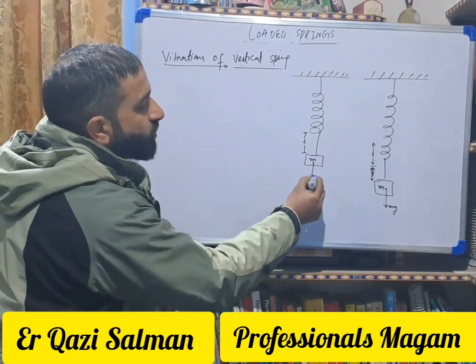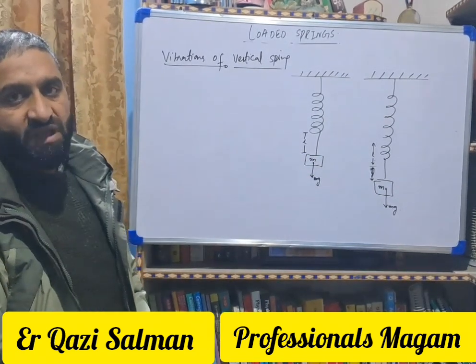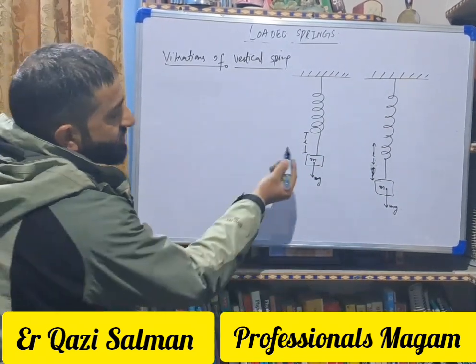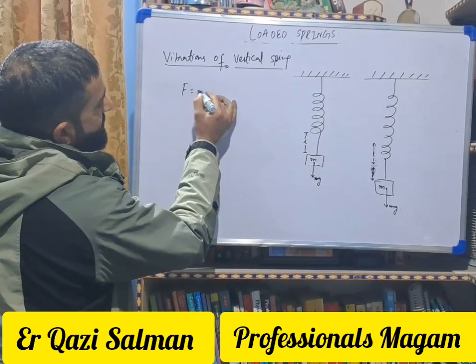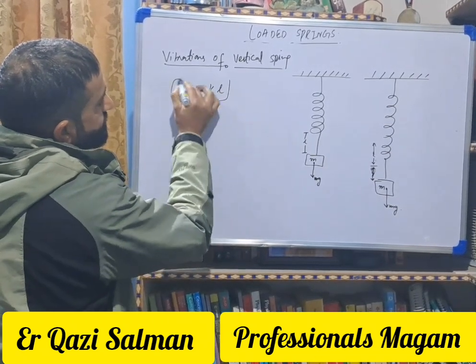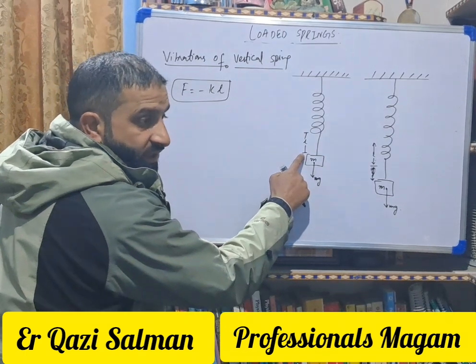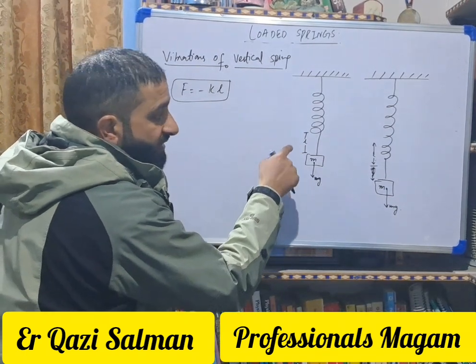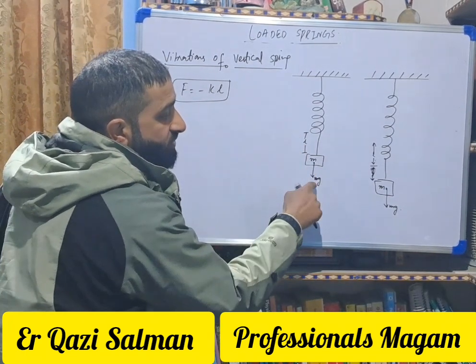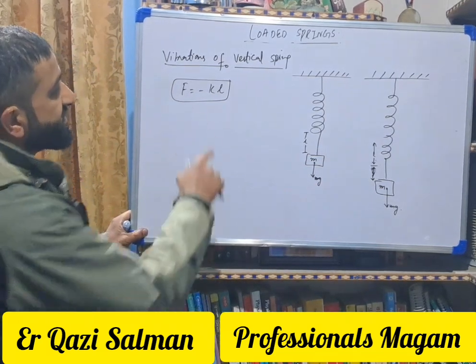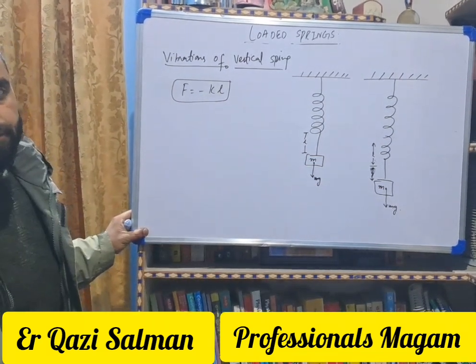That restoring force should be opposite to the mg. So that restoring force will be F equal to minus KL, because as L becomes large, the restoring force becomes large, but the restoring force is in the opposite direction to that of the weight. That means we have the negative sign.